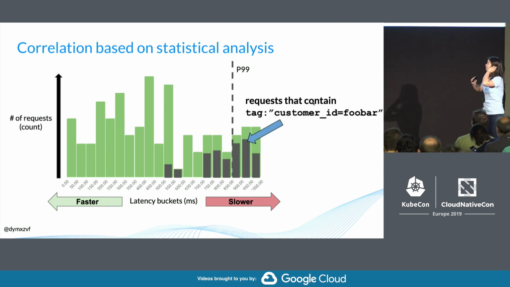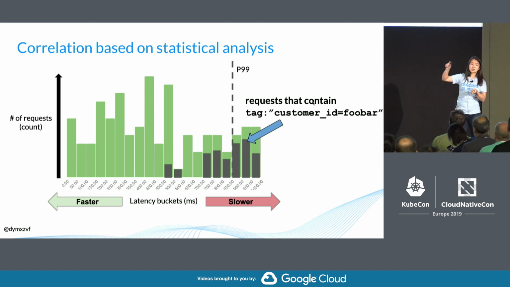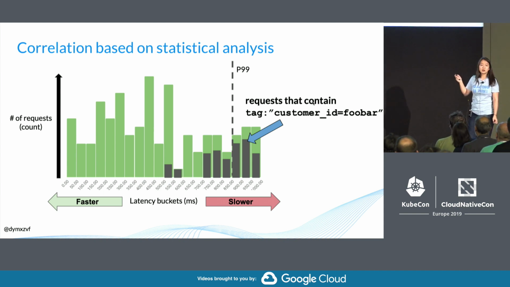You're saying, well, what's causing my tail latencies to be slow? And in this case, again, it's a pretty artificial example. In the previous case, you had to segment by customer ID. In this case, the defining characteristic is a certain tag value that says customer ID equals foo bar, and those requests make up a large part of your top 1% of requests. Not all of it.